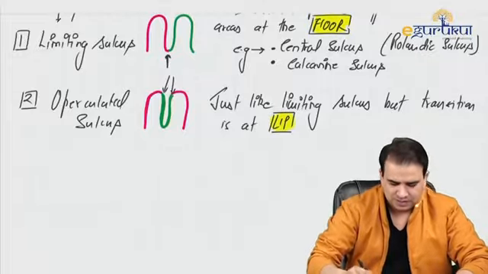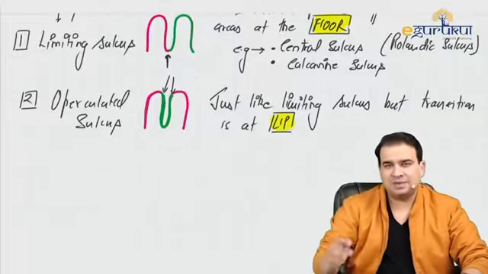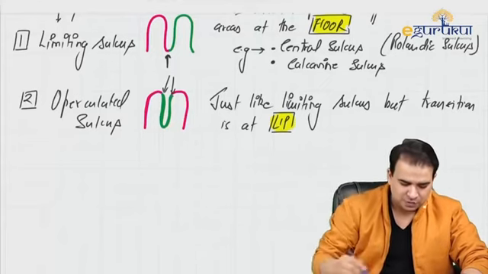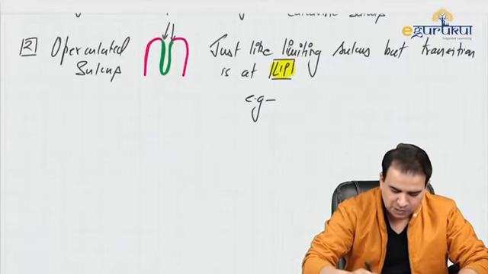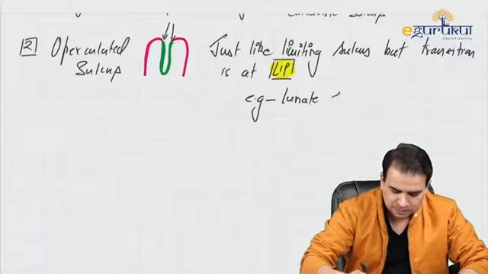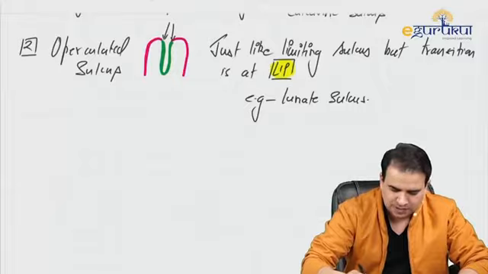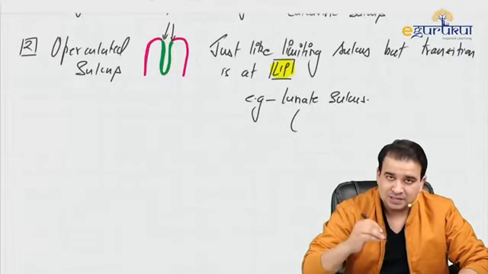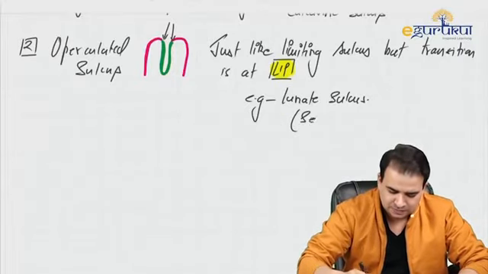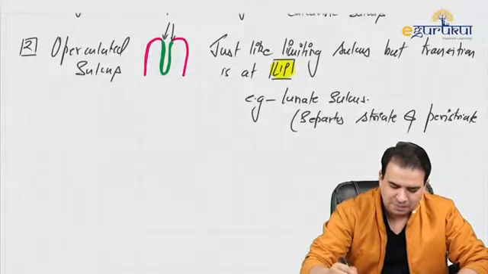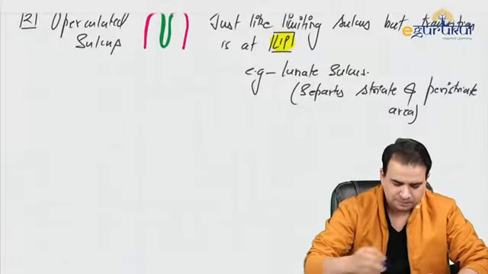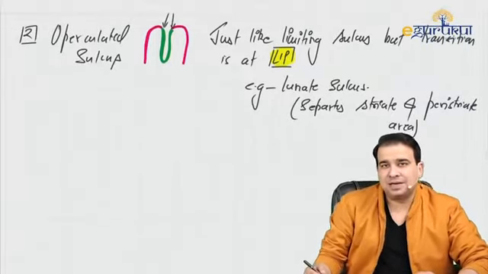And here the transition is taking place at the lip. That's the area from where the function will change. The example for the operculated sulcus is the lunate sulcus. As I said, we'll discuss all these sulcus in a while. The lunate sulcus is the one which separates the striate and peristriate area. That is the second type of sulcus, the operculated sulcus.